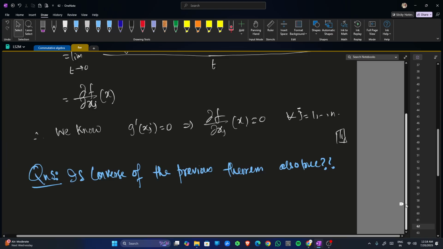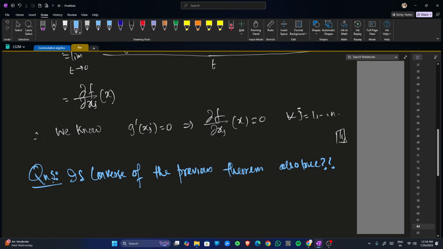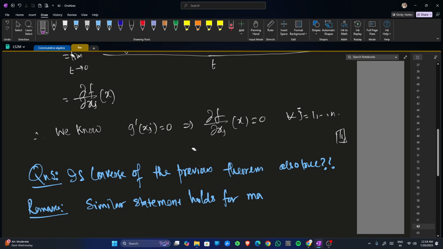Try to find some example. Remark: a similar statement holds for local minima.